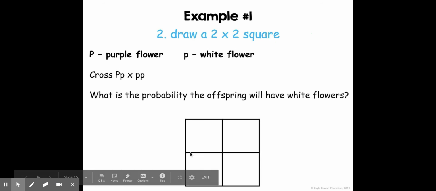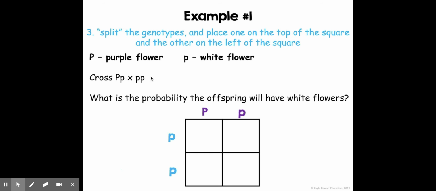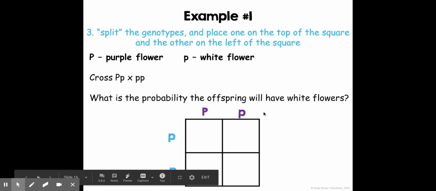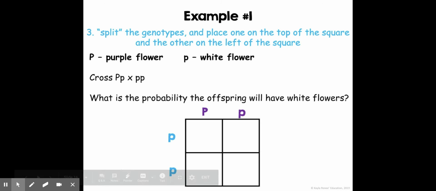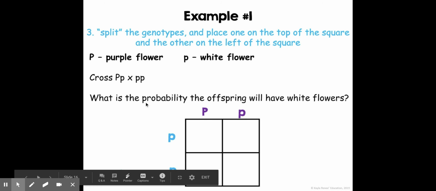Now we're going to draw a 2x2 square. So now I have my 2x2 square. The next step is to split the genotypes. So you're going to choose one side for mom and one side for dad. It does not matter which you do as long as you get one on each. Now, we're going to write on the top and on the side.